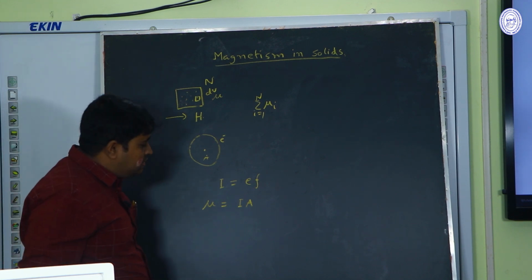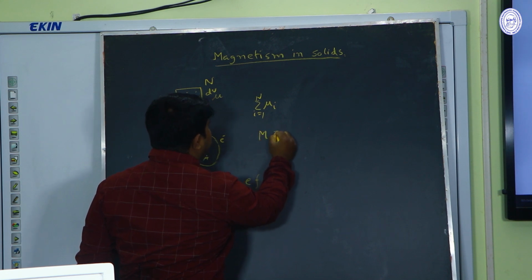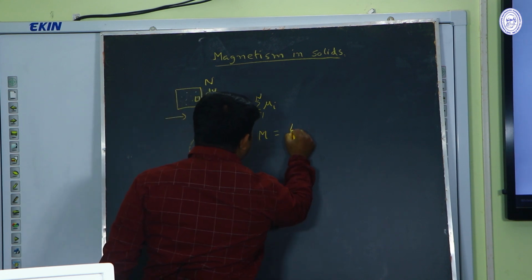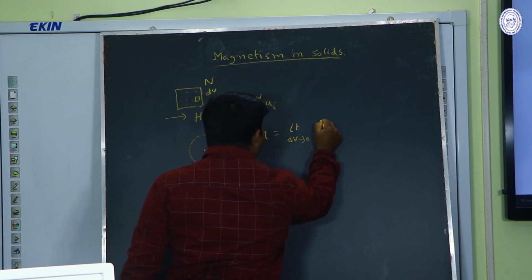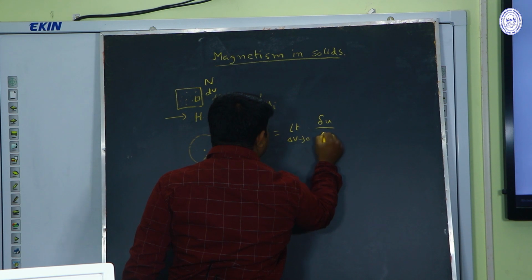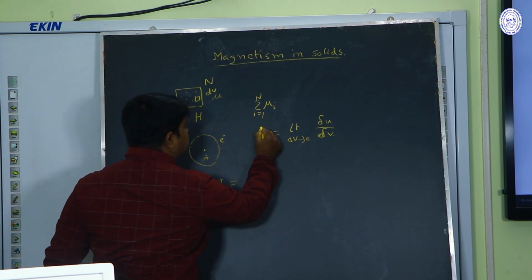So we define the magnetization M, equal to the limit as delta V tends to 0 of delta mu by delta V. This is called magnetization.